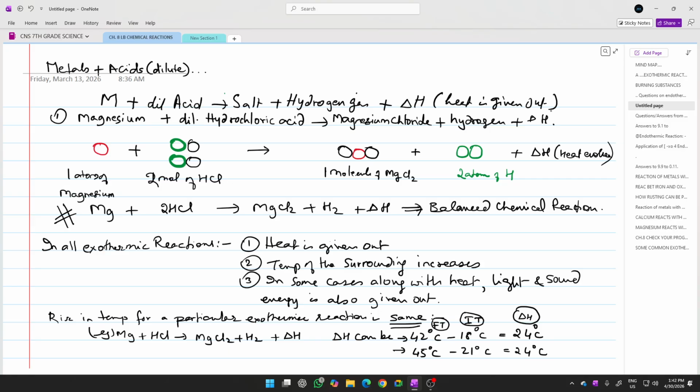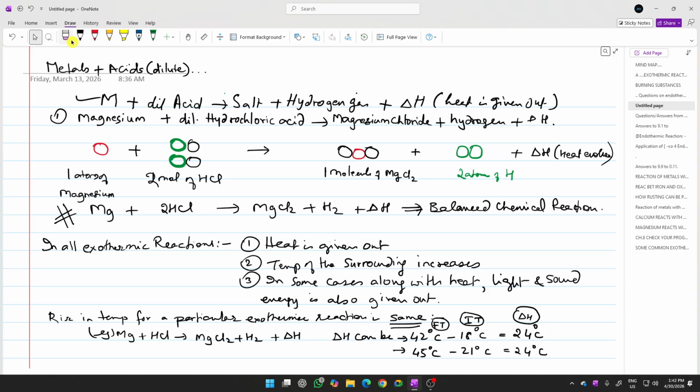Now this is a very general reaction. Any metal reacting with hydrochloric acid will give you a salt and hydrogen gas. Now if you take in particular magnesium as the metal and dilute hydrochloric acid, then the salt formed will be magnesium chloride.